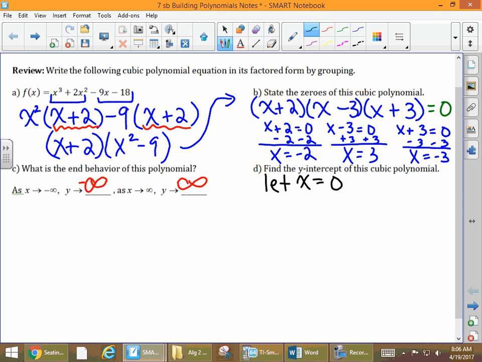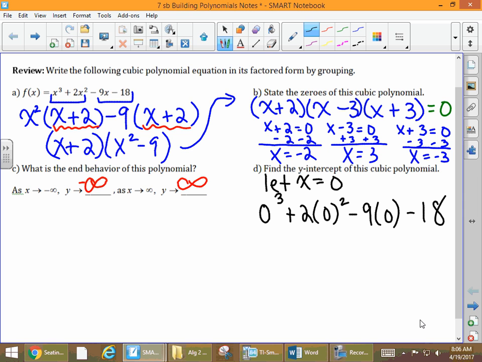So let's go back into the original equation, although it doesn't matter if we go back into the factored form or the original. And we're going to get 0 cubed plus 2 times 0 squared minus 9 times 0 minus 18. What's 0 cubed? 0.